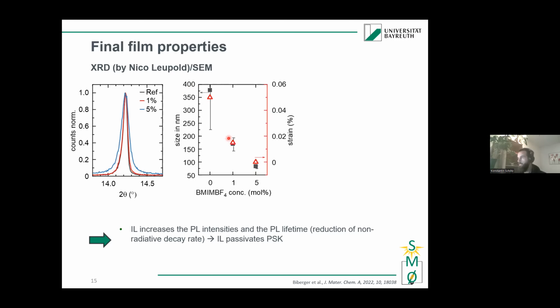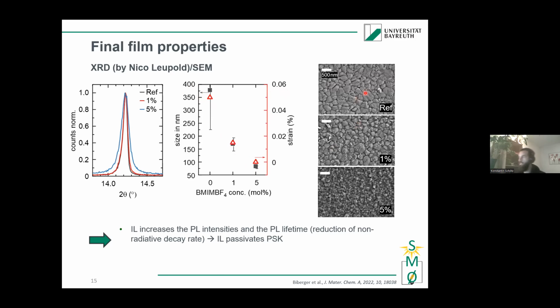But we also see a decrease of strain in the grains, which is good for improved stability of the sample. And the smaller grains we also see in SEM measurements. So here's the reference film, with quite big grains, and they decrease with increasing ionic liquid.